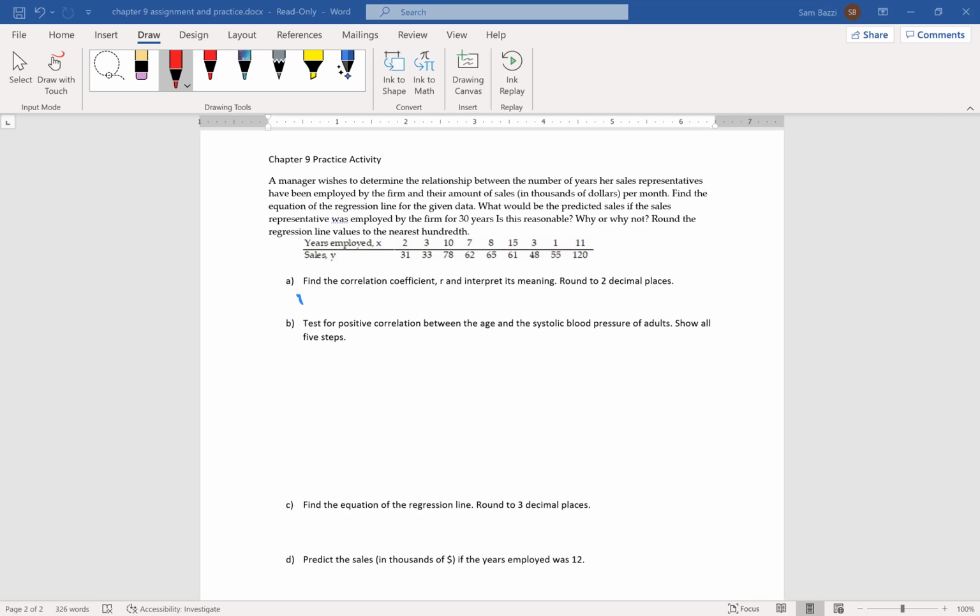First question. Find the correlation coefficient R and interpret its meaning, rounding to 2 decimal places. In order to do this, you have to enter the data into L1 and L2. Let's do this together.